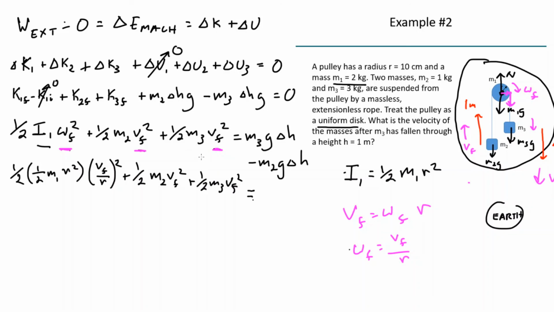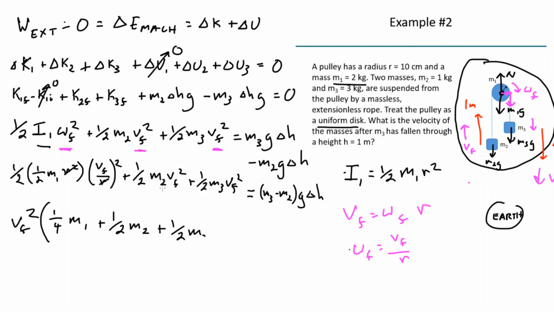I'm going to factor out the G delta H, so I can just write this as M3 minus M2 times G delta H. Okay, so over here now I'm going to factor V final out of this whole thing. I get V final squared times, well, look at this. R squared over R squared cancels, so I just get 1/4 M1 plus 1/2 M2 plus 1/2 M3. This equals M3 minus M2 times G delta H.